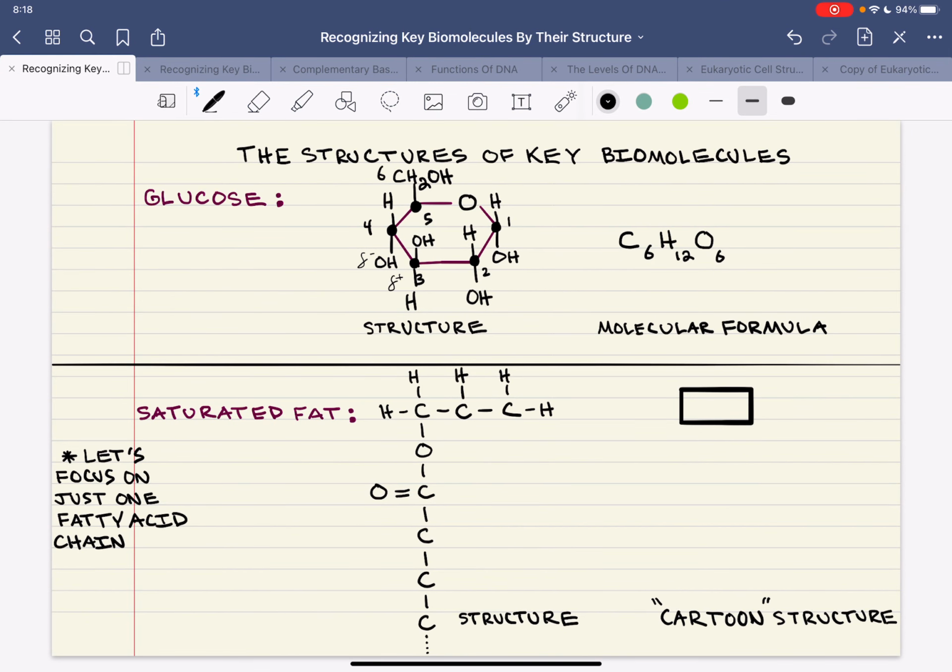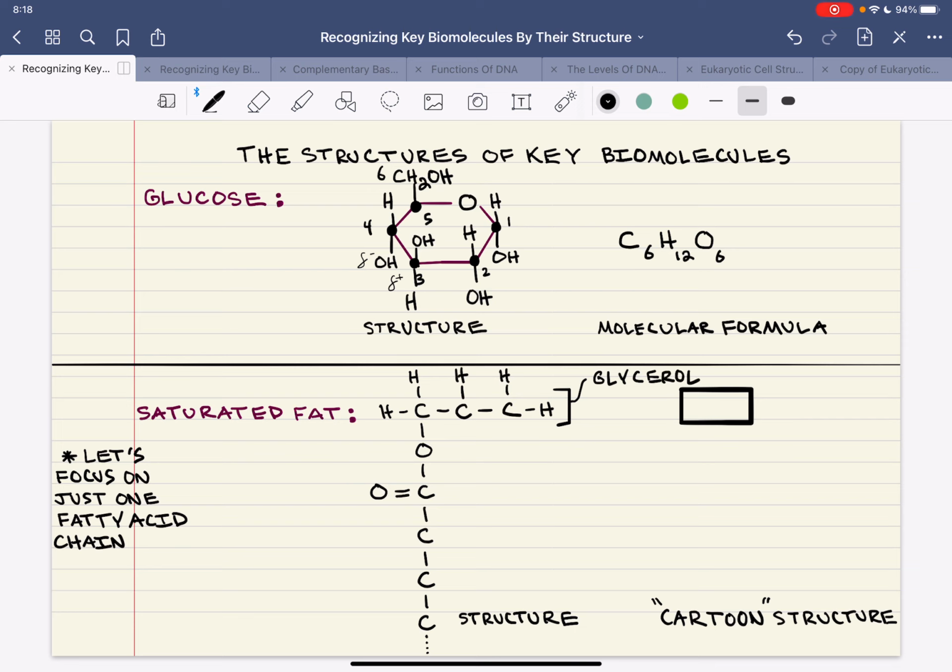So going back to my drawing, first thing I'm going to do is label it. So this top part is the gray part from the previous picture. It's called glycerol.